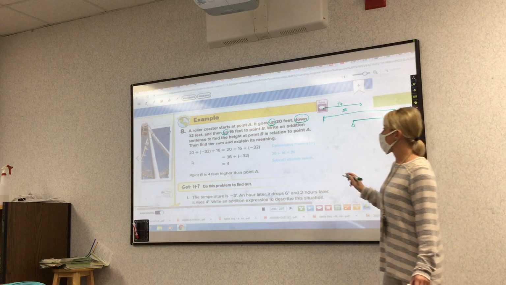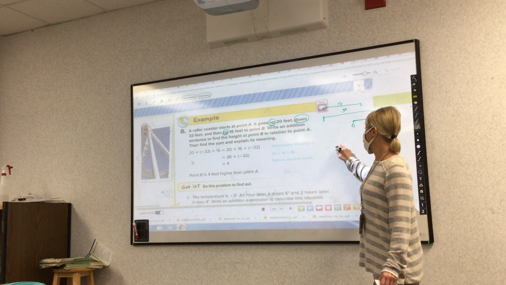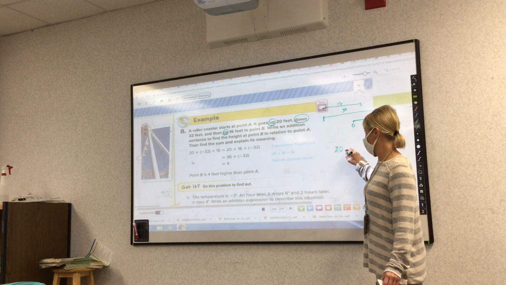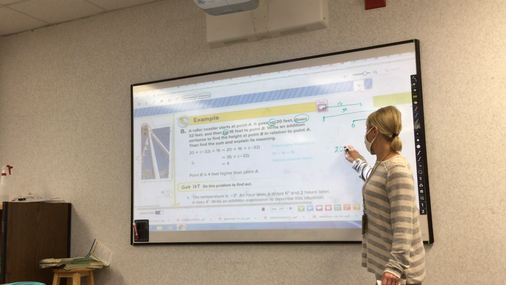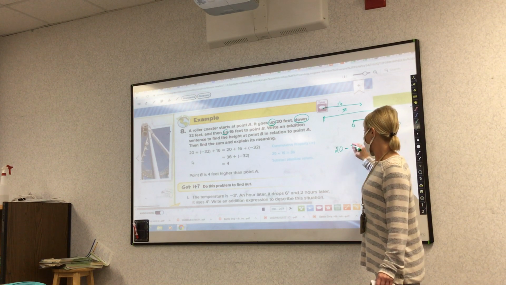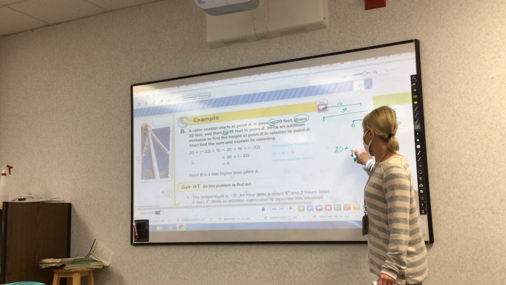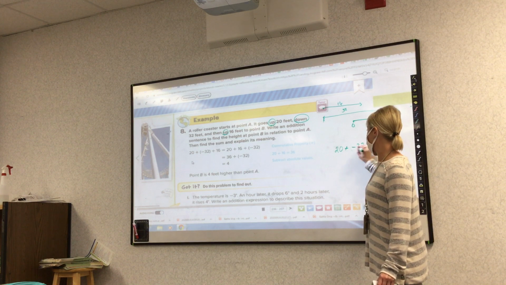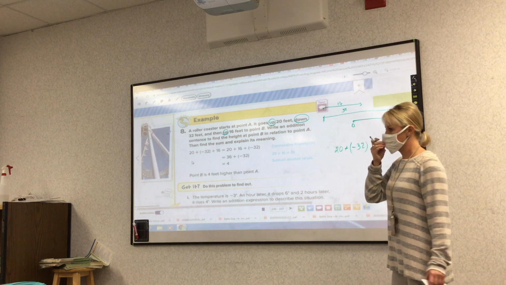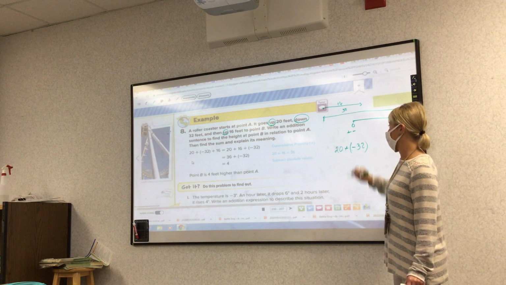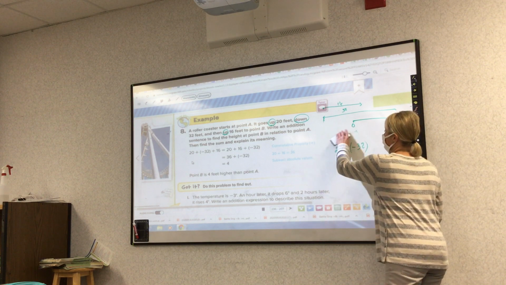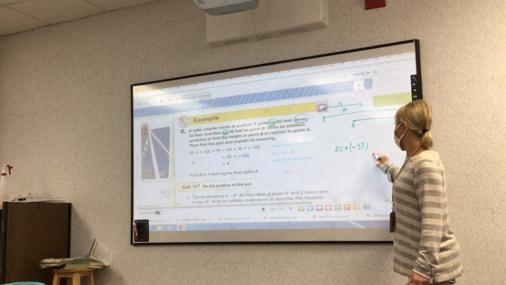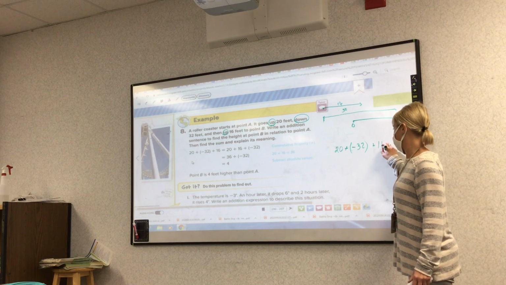So now to write it, it starts at, it goes up 20 feet, so I'd write 20, down 32, so I write plus the negative 32, and you have to have that parentheses. You don't want to put a plus minus together like that. Then it goes up another 16 feet.